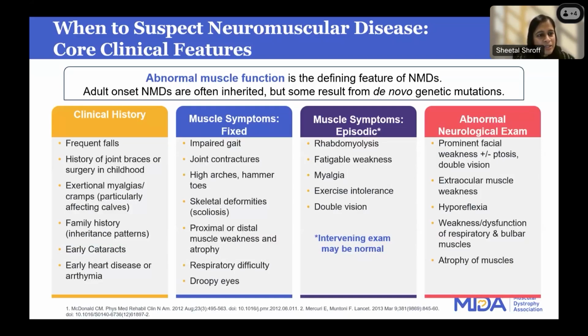Now, in clinical history, when we see these patients, they can have a history of frequent falls, a history of joint braces, or multiple surgeries around the ankle in childhood. They can have exertional myalgias, which can impair them with strenuous activities or sports, a history of cramping, and particularly it can affect the calf muscles.